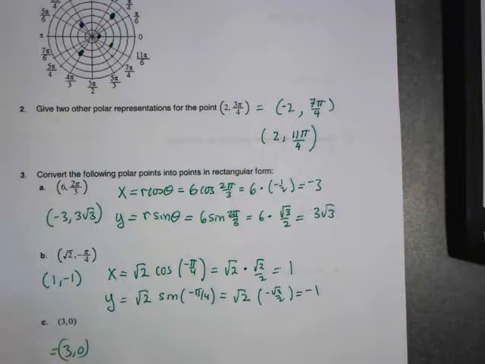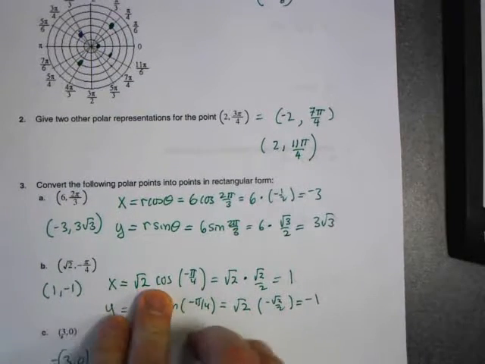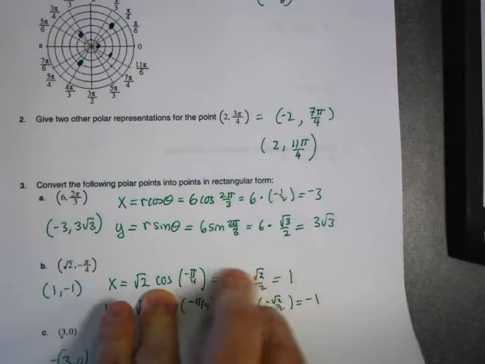Think of it as a graph. This means go 3 to the right, and your angle is 0. When you have zeros here, these are very easy. If you go 3 to the right, and your angle is 0, that's the point 3 comma 0 still, isn't it? Doesn't matter if it's polar or rectangular. 3 0 is 3 0. Anything 0 is anything 0. That's correct.